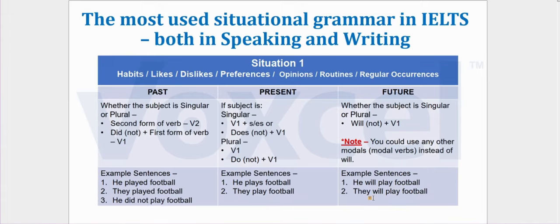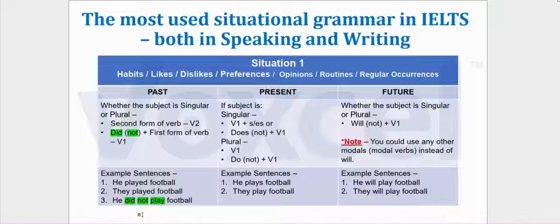Now if we want to say negative, we will say he did not play football. So remember, we have used did, and with did we use not, and we are using the verb's first form, so we are using play. I hope it is clear.